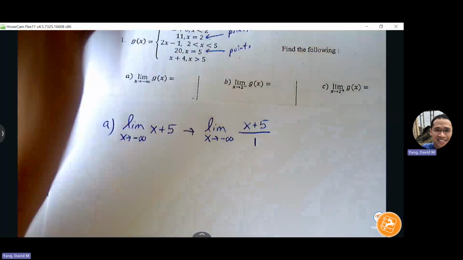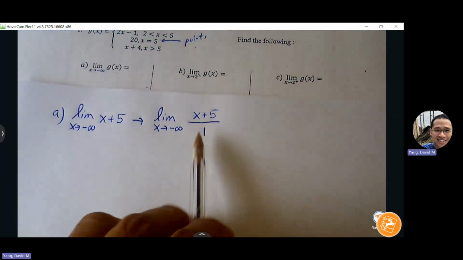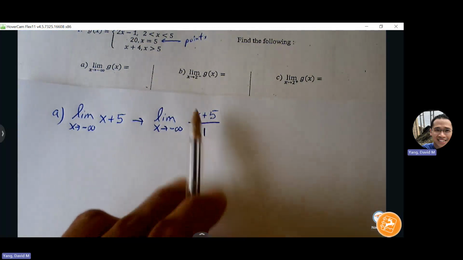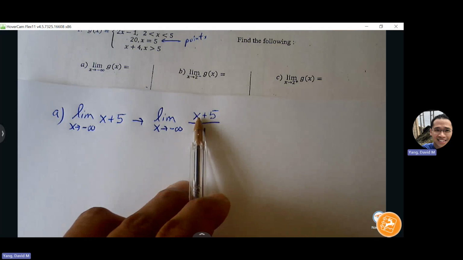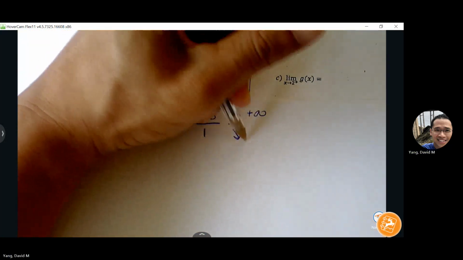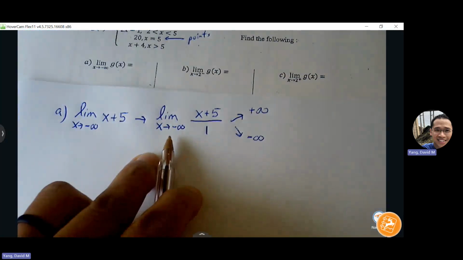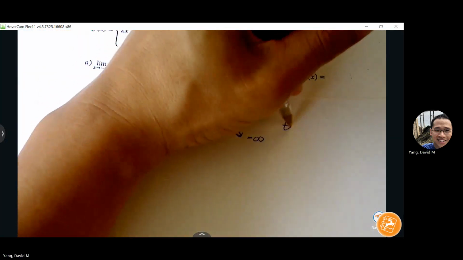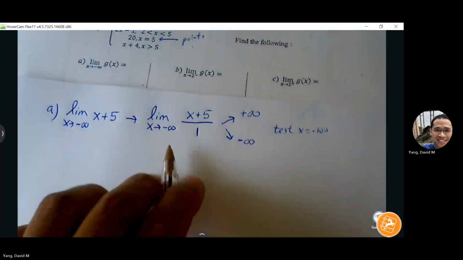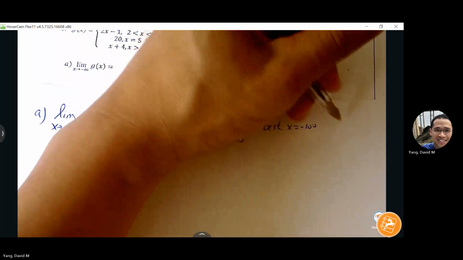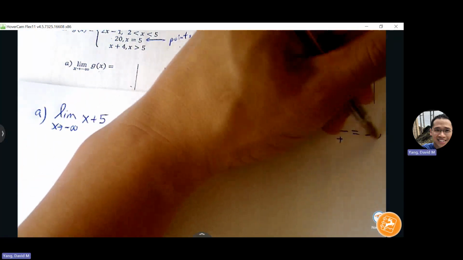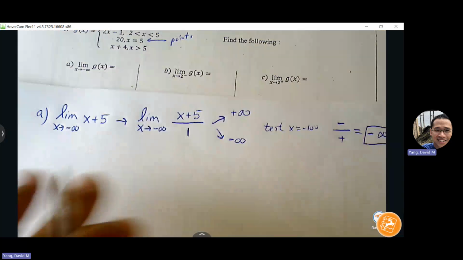So what's the degree of the numerator? 1. What's the degree of the denominator? 0. Which has higher degree? The top, so it's either going to positive or negative infinity. We test with negative 100. Numerator, we get negative. Denominator is 1, so that stays positive. So negative over positive is negative infinity.